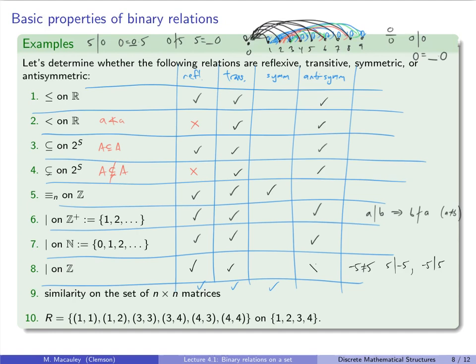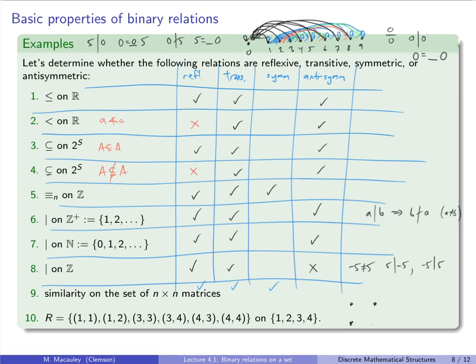So we no longer have antisymmetry. So we've got to be careful. Sometimes a relation has one of these properties on some set, but not on a different set. Okay, we've been over divisibility, and finally, this last relation, we can understand by drawing a directed graph again.